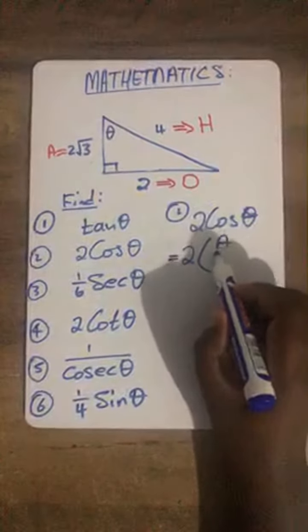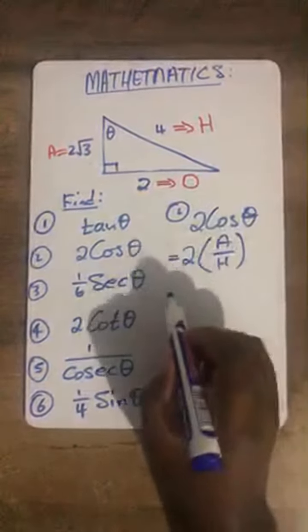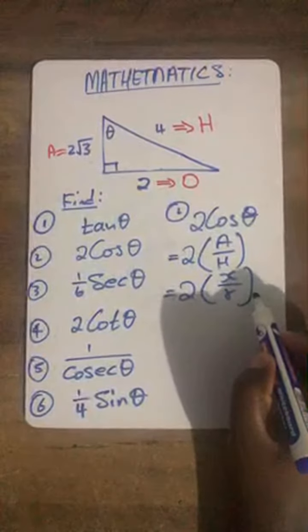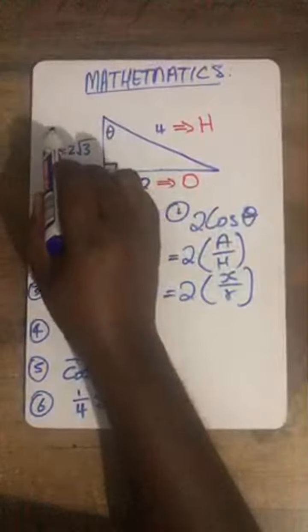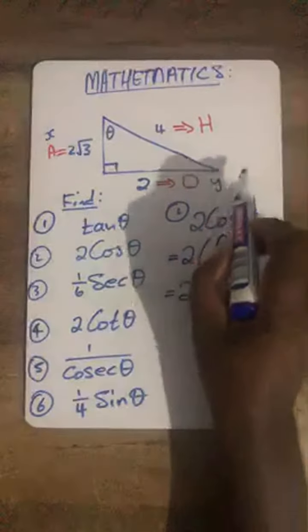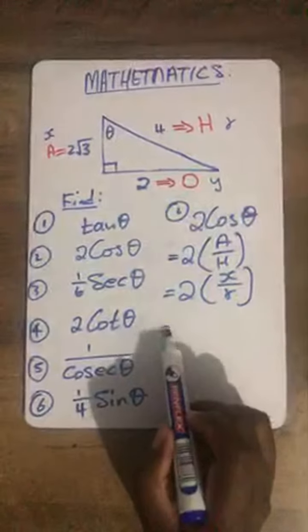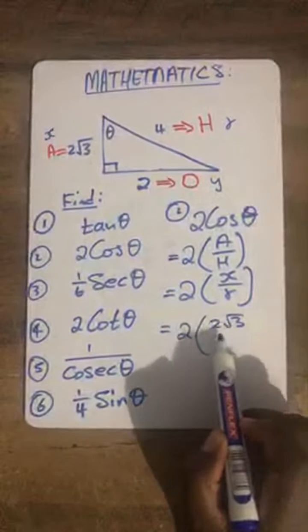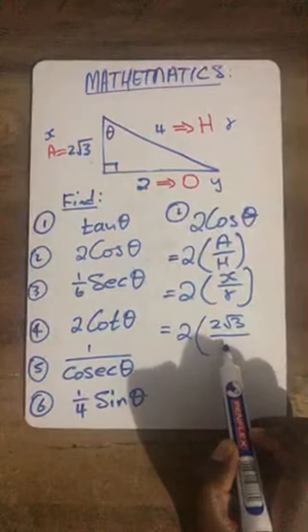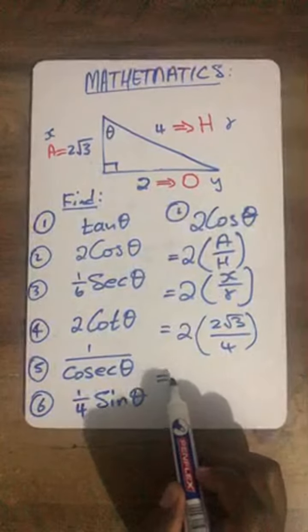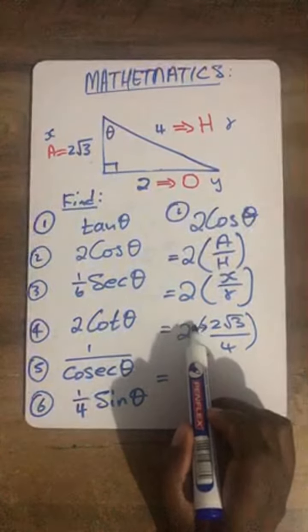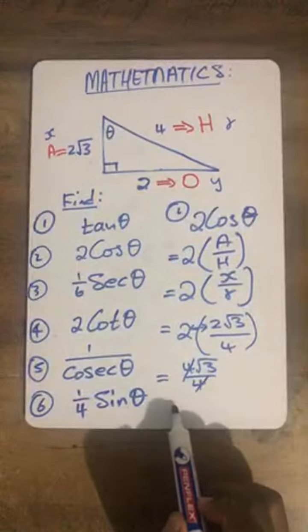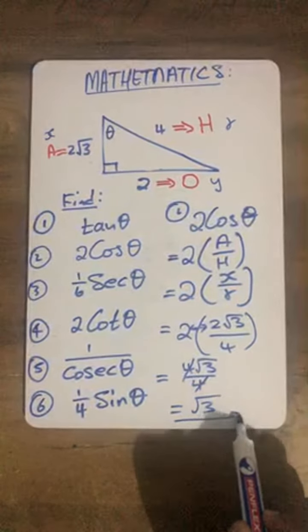For cos, it is adjacent over hypotenuse, otherwise in terms of x and y, you can say x over r. Adjacent is x, and opposite is y. Hypotenuse is r. So you have 2 into, what is your x? That is 2 square root of 3. What is your hypotenuse? That is 4. So you have this times that. It's 4 square root of 3 over 4. That cancels with that, and you remain with square root of 3.